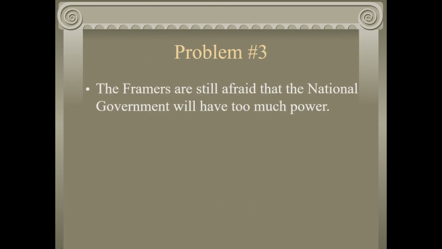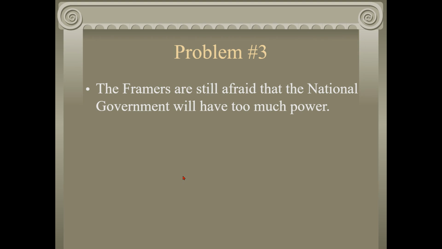And then we have our third problem under the Articles of Confederation, right? And that was that we are still always afraid that the national government is going to have too much power. They have a little PTSD from their experiences under the British, right? They felt that the British had violated their rights in multiple ways, multiple times.